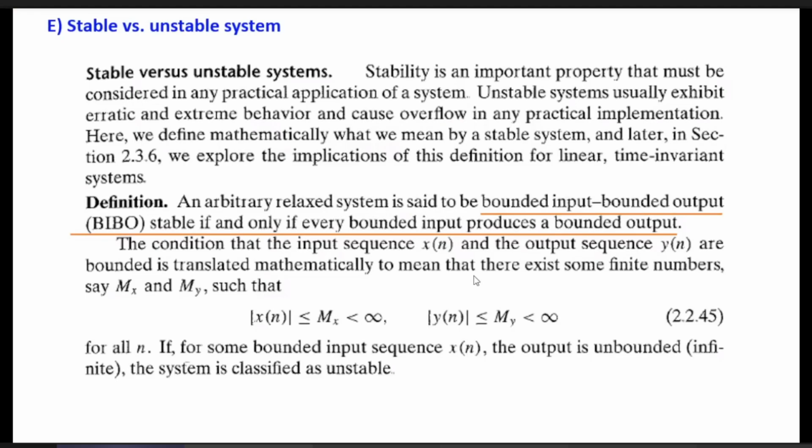It is called unstable system. Okay, so यहाँ पे देखो, let us say input is x of n and output is y of n, and their value say is mod of x of n is less than some value, say Mx, magnitude of x.